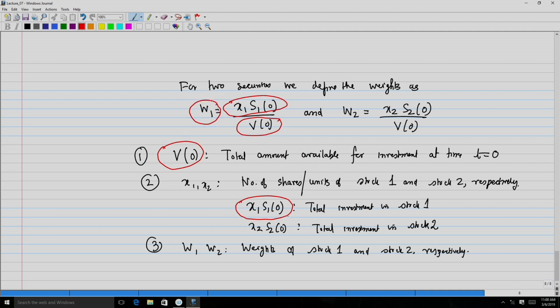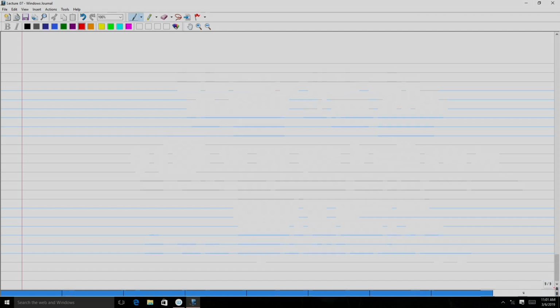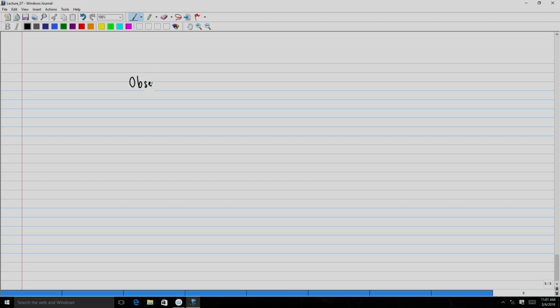Likewise, x2 S2 0 is your total investment in the second stock, which as a proportion of the total amount will give you the weight of the second asset in the portfolio. All right, now let us make an observation. You observe that W1 plus W2 is equal to, what was W1?